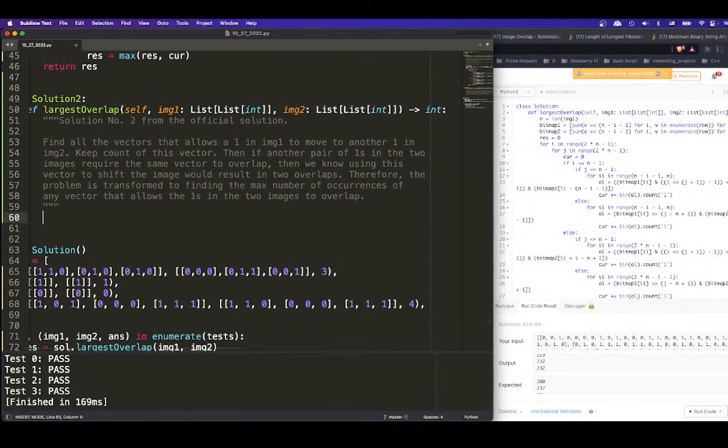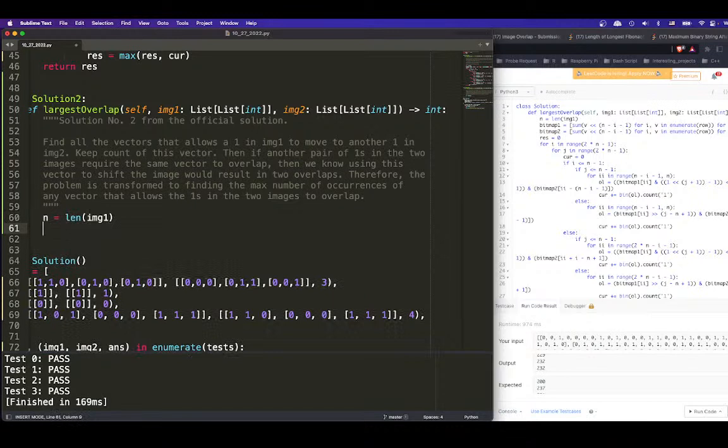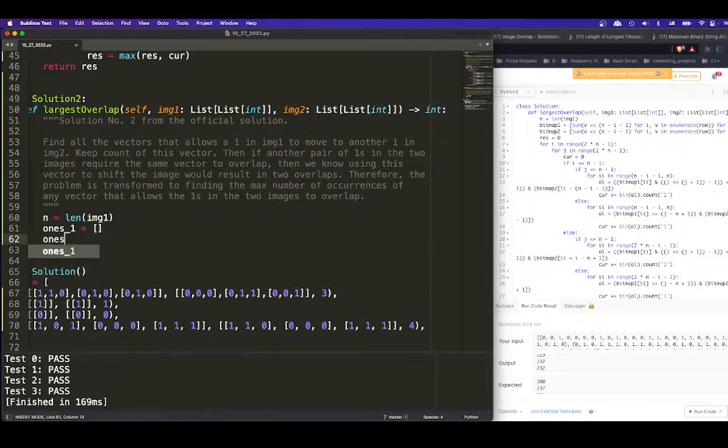Yeah, so we should do this, right? Then we need to find the 1s.